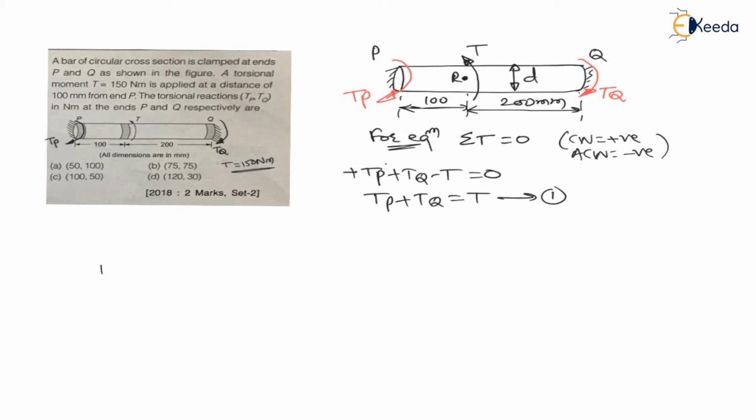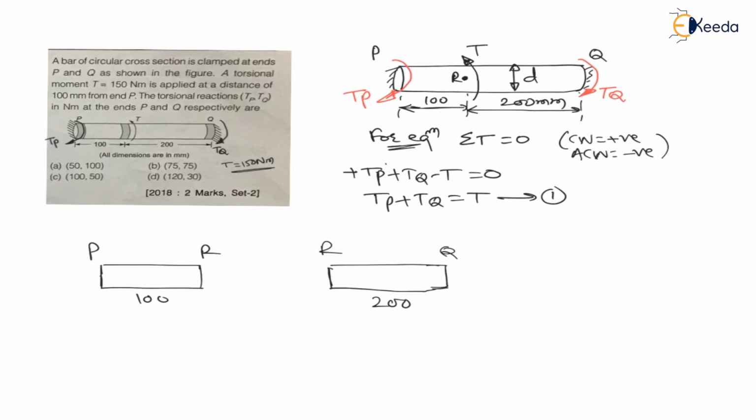Now consider the first shaft, P to R, and then R to Q. This is the P end, the R end, and then there is another shaft which is R to Q. The length of P to R is 100 mm, the length of R to Q is 200 mm, and the diameter of both is the same. While solving such types of numericals, start your analysis from any one extreme end.